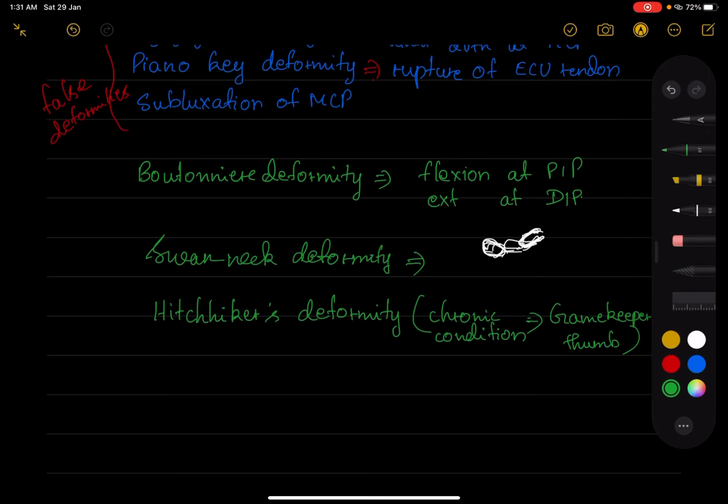Hitchhiker's deformity is because of the UCL of MCP joint. That is, the ulnar collateral ligament of MCP joint is affected.